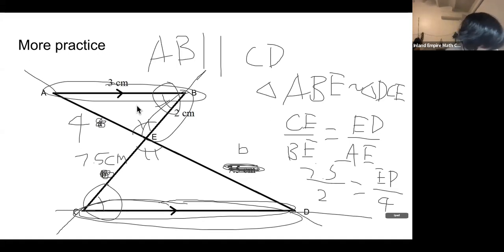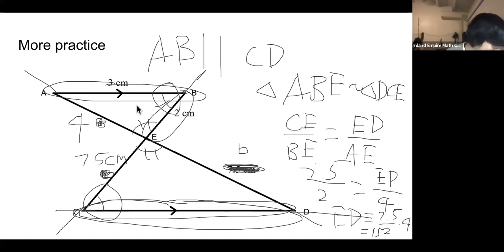So since AE equals 4, we can easily figure out ED by multiplying both sides by 4. So 7.5 over 2 times 4 equals 15, because 7.5 divided by 2 times 4 is the same thing as 7.5 times 2, and 7.5 times 2 is 15. Or you can just use the calculator for that, that's no problem.